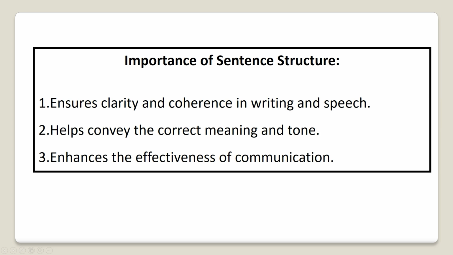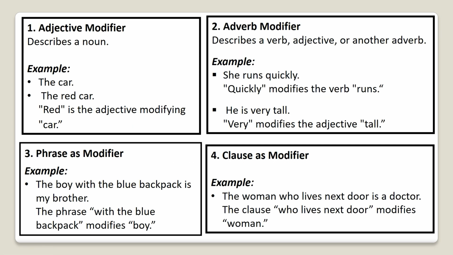Now we come to the different modifiers with examples. The first modifier that we have learned is the adjective modifier. Which are the adjective modifiers? They describe a noun. For example, the red car. Here red is the adjective modifying the car, because the car is of red color.